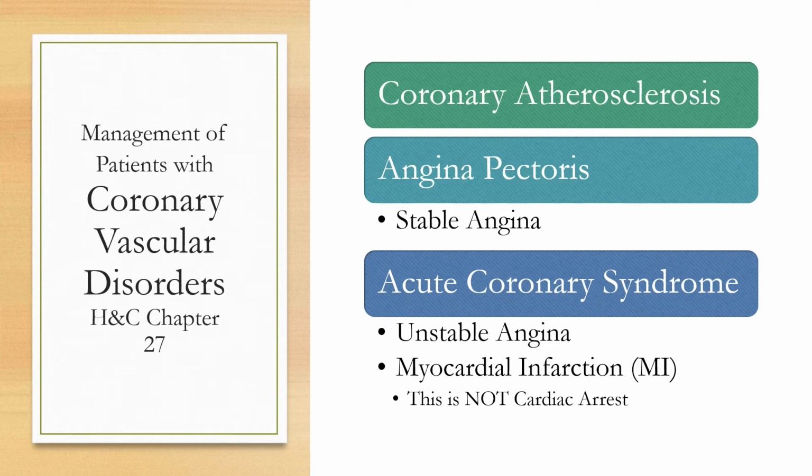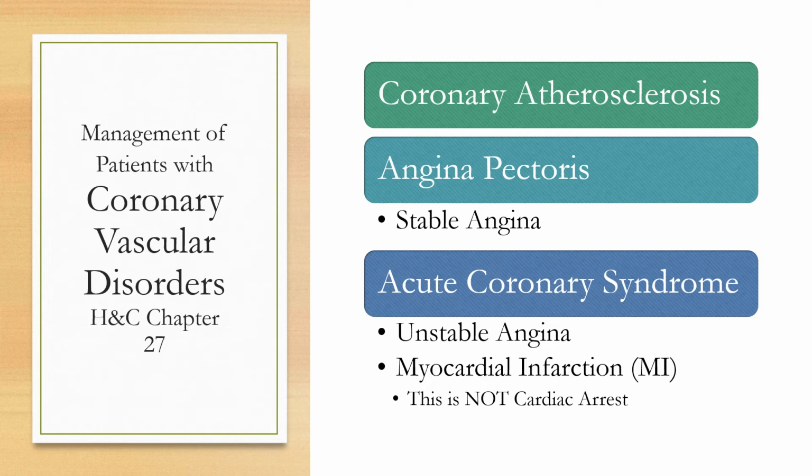So, plaque formation that gradually builds and builds over the years until it occludes or begins to occlude the coronary artery. And as it occludes the coronary artery and reduces blood flow, a patient may have stable angina.